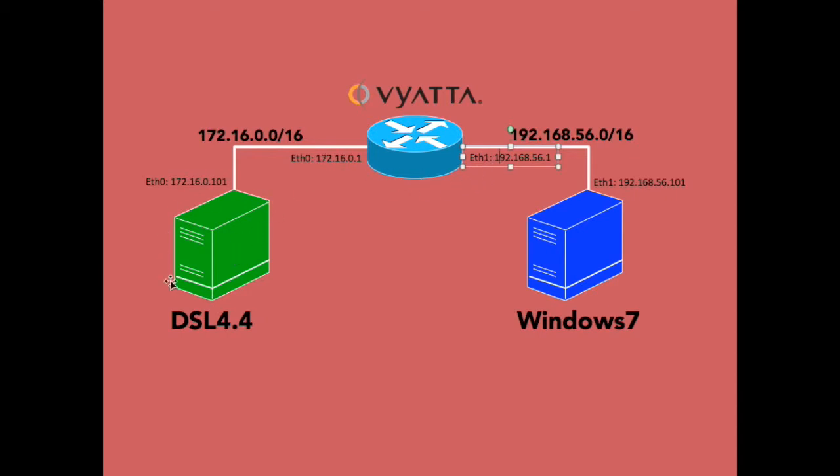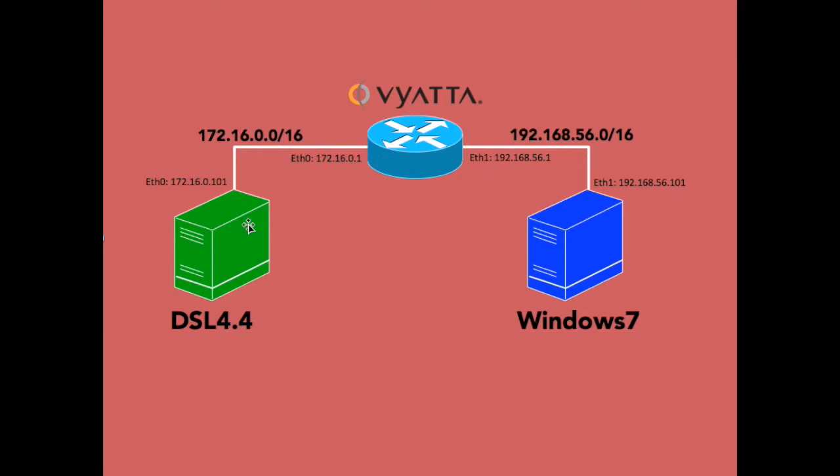We're then going to instance a DSL, Damn Small Linux machine, version 4.4, and we're going to configure an Ethernet interface on there. This could be via DHCP, or we could configure it by hand to be on the 172.16 network. We're going to ping between these two machines, between these two interfaces, to show that that's actually up and running and working.